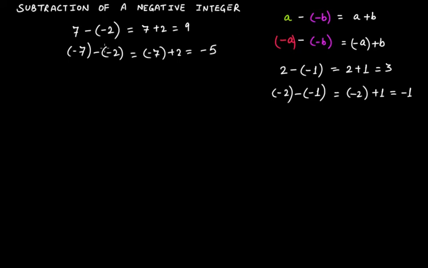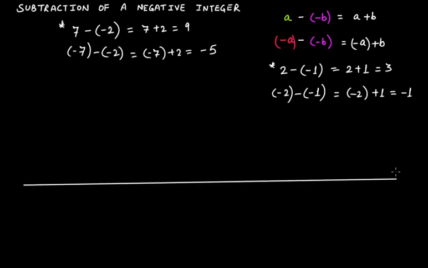Okay, so this is the basic thing. If you want to represent this example and this example on a number line, let's do it. So if we take a number line like this, and let's plot values.